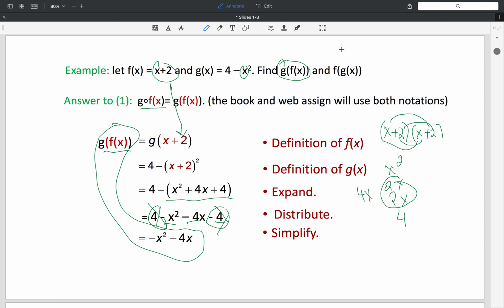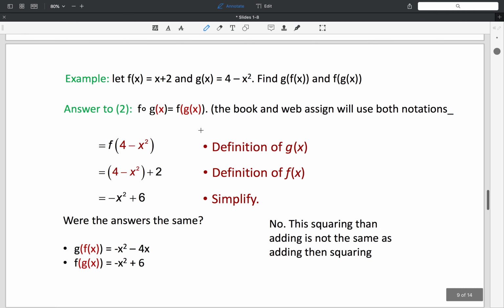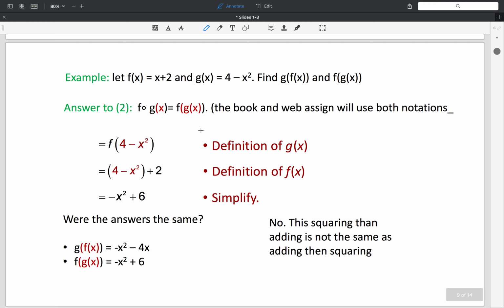Okay. Now we're going to do this one on the next slide. So again, just to remind you, that's f circle g of x. And I'm going to look at f of g of x. That's my g of x right there. So that's what happens when I plug in g of x. And then wherever I see an x here, I'm going to plug in 4 minus x.